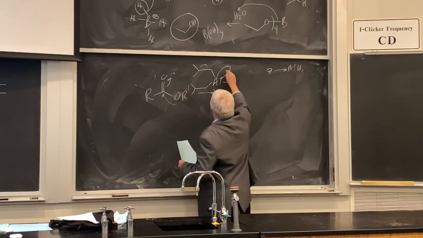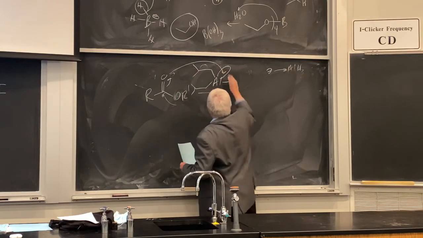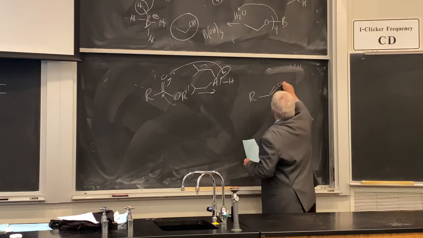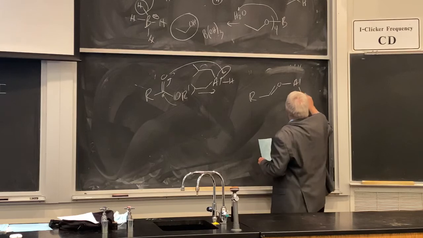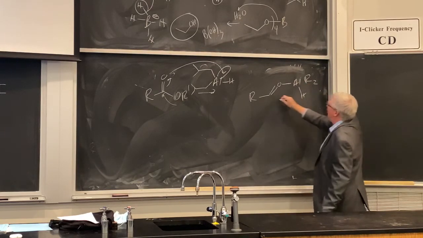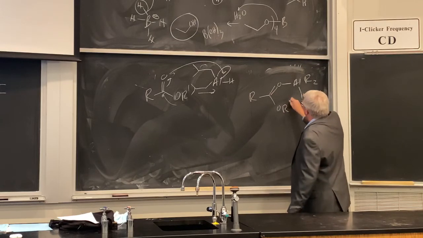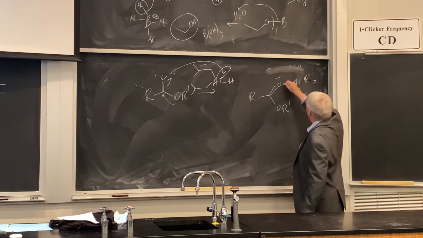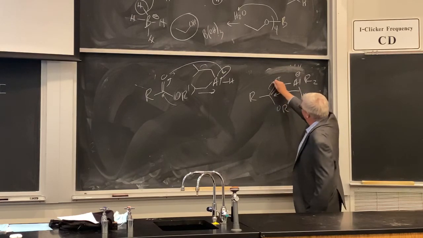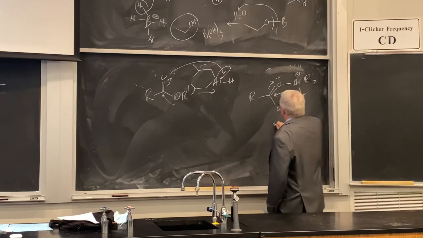Now it's still Lewis acidic, so I can still coordinate here and form the Lewis acid complex. And I'll just say 2 isobutyl groups on there. I won't keep drawing it. But keep track of your charges here if you'd like. And what do we do? We transfer here, okay? And we get this.